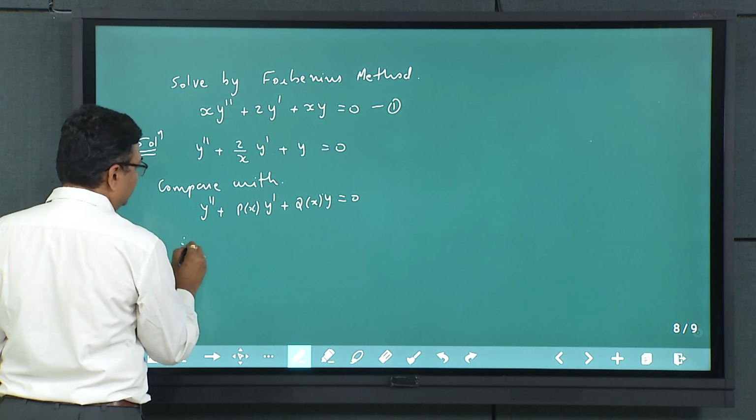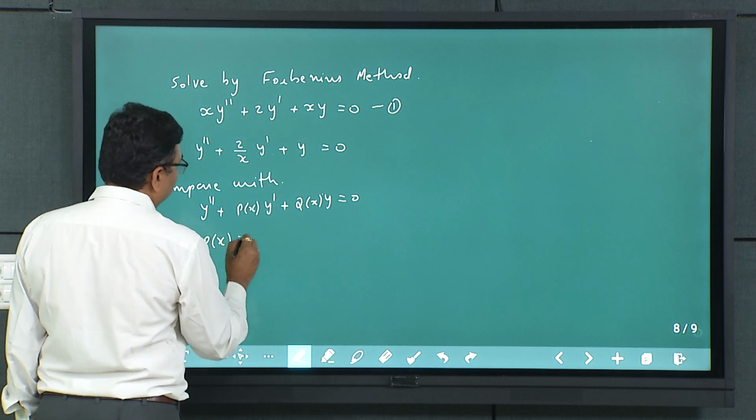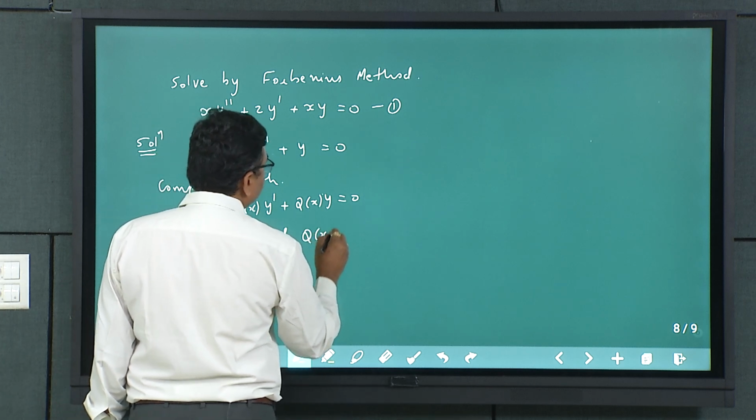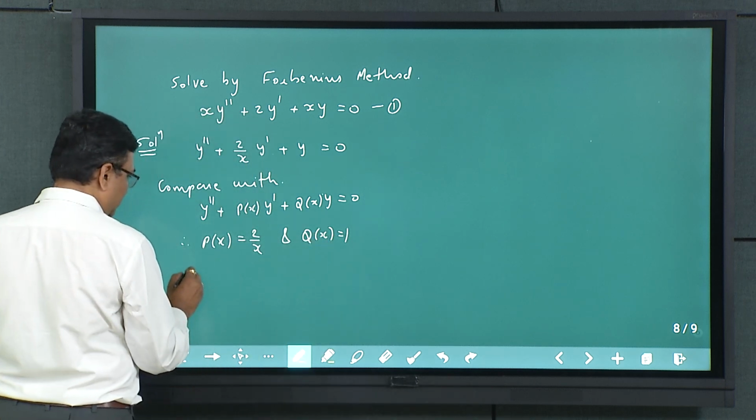So it means that p of x is equal to 2 by x and q of x is equal to 1.